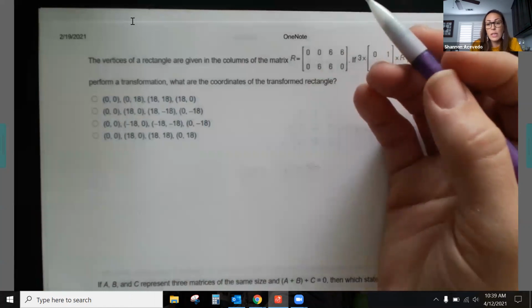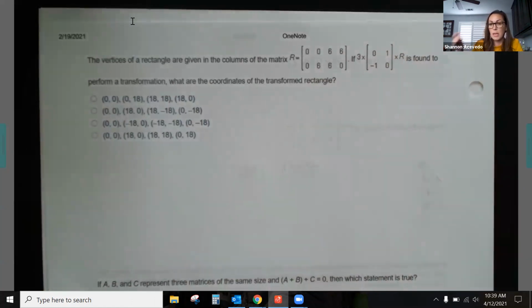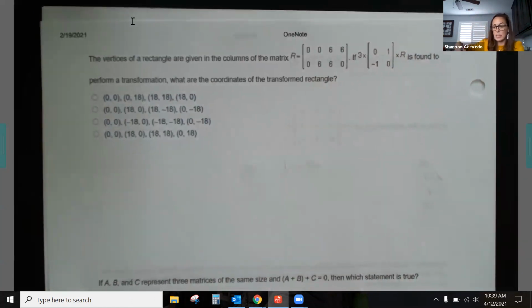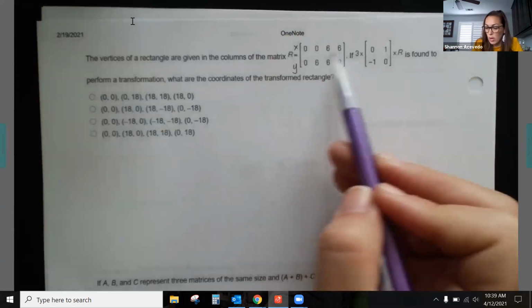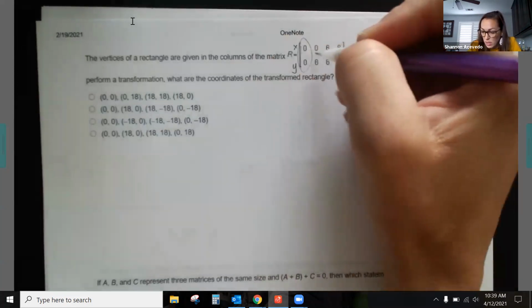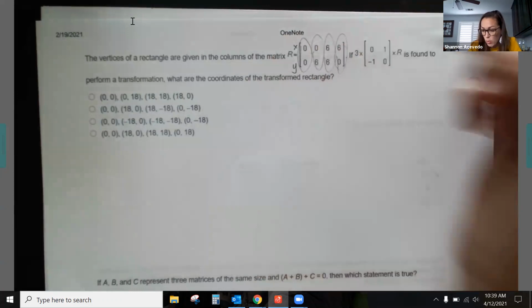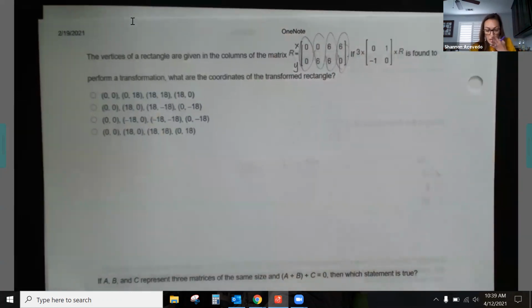So different than the last one in the way that they organized it, because we were looking down for my X, Y, and Z. In this case, this is your X and this is your Y. So going across, each one of these is 1 coordinate, 2 coordinates, 3 coordinates, 4 coordinates. And so you're going to see what's going to happen with my transformation here.